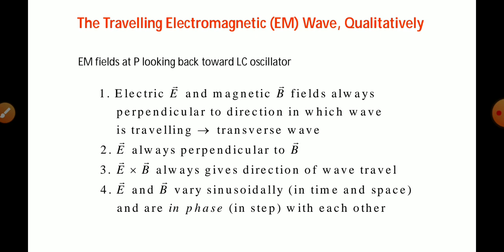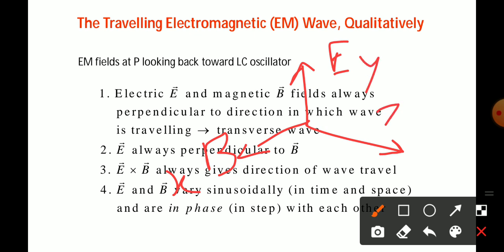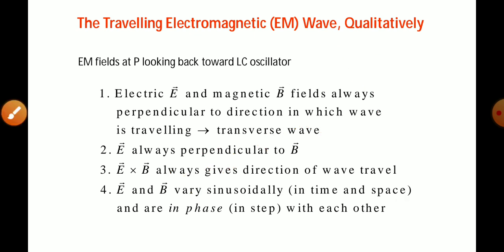That is, the electric field and the magnetic field should be perpendicular to each other, and the transverse wave will flow in another direction. If we take the Cartesian coordinates, x for B, y for E, then the traveling wave will travel in the z direction.